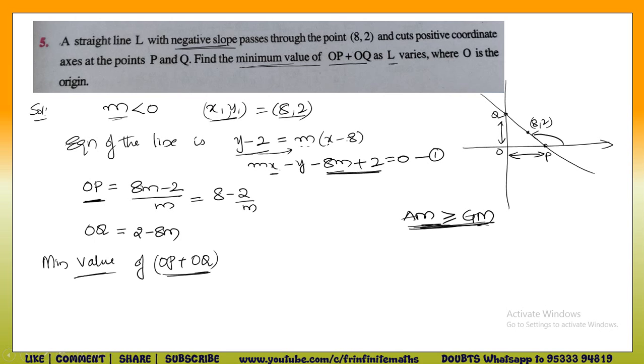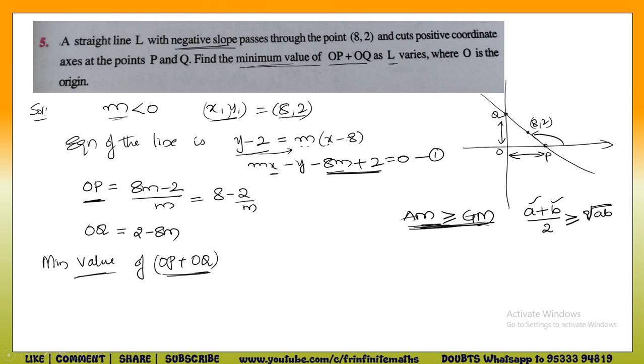What does the AM-GM inequality mean? If you have two terms A and B, then their AM is greater than or equal to the square root of AB. So (A plus B) by 2 is greater than or equal to root AB. If A and B are two terms, then their average is greater than or equal to their geometric mean, right?